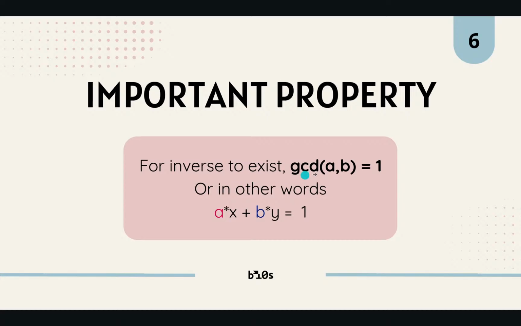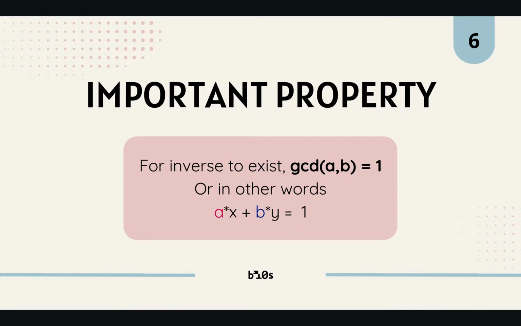And there's an important result. If two numbers a and b have a GCD of 1, meaning they're co-prime, with no common factors, there is a particular identity. This identity is that you can find two numbers x and y such that a into x plus b into y is equal to 1.